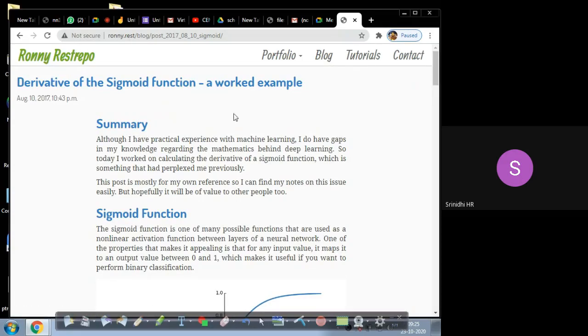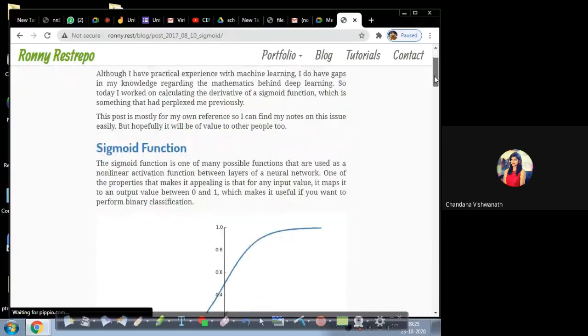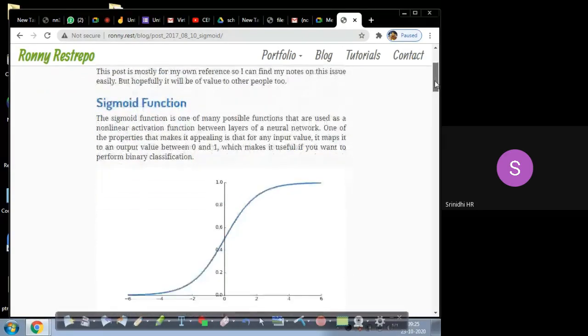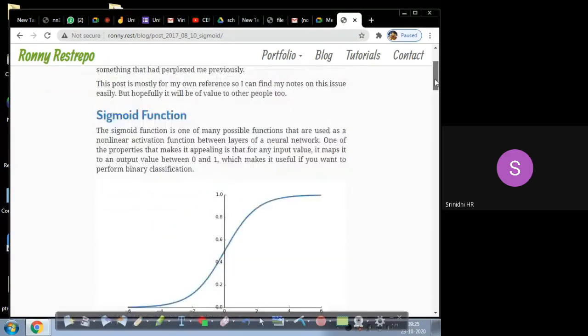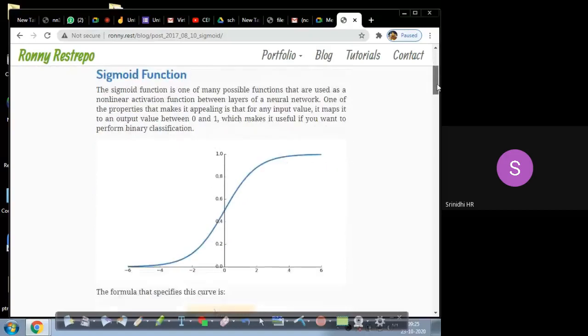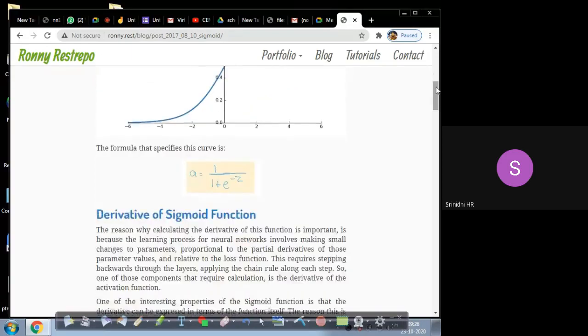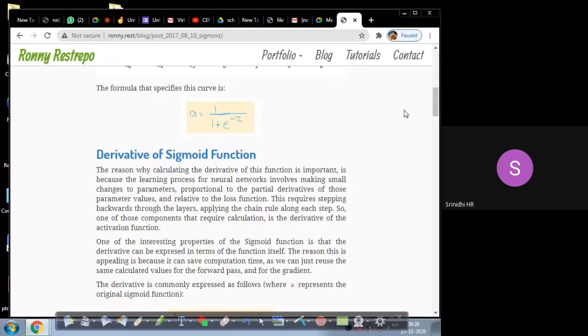Are you able to see this? Yes, sir. Okay, this is a beautiful blog in which you can search for the sigmoid function. See, the sigmoid function looks like this. There's a curve present. So what is my function? The formula for this curve is 1 divided by 1 plus e power minus z.